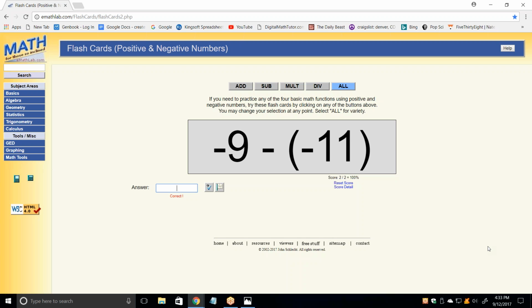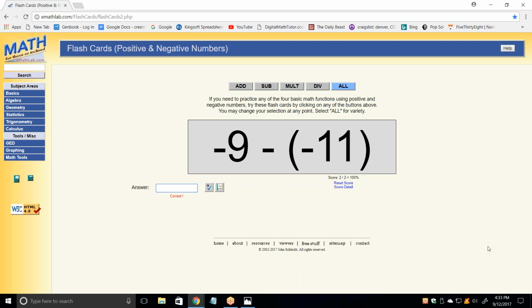Next. 99. Or negative 99. This is subtraction, not multiplication. Oh. In other words, it randomly mixes it up. Okay?